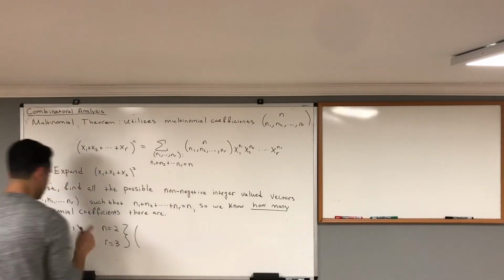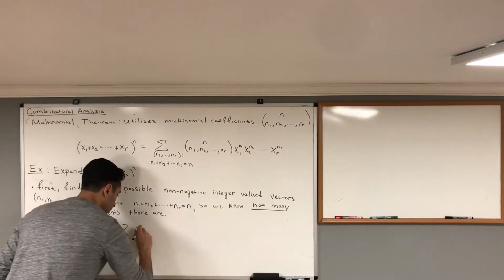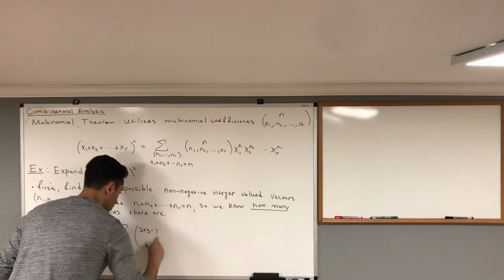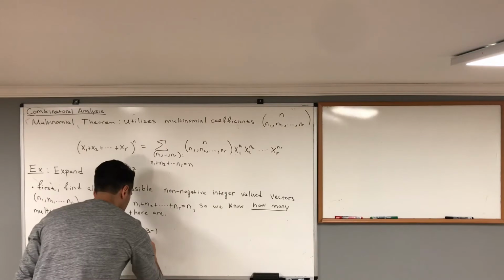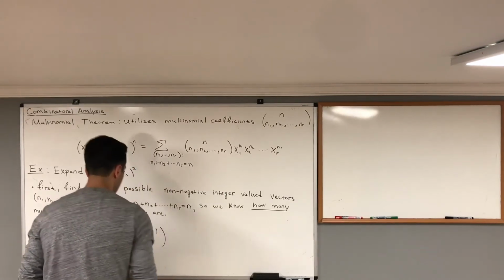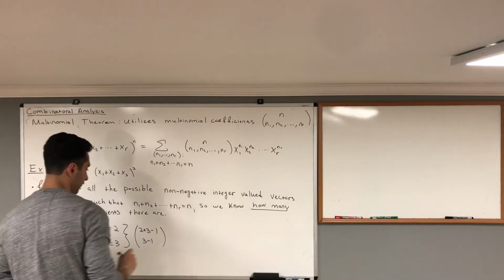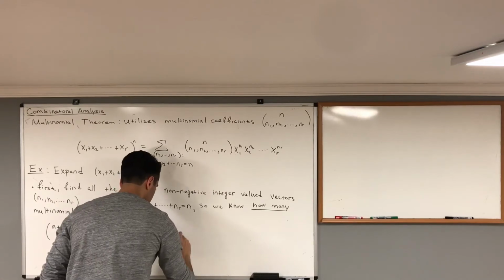So we have 2 plus 3 minus 1, choose 3 minus 1. That's just 4 choose 2, I think.